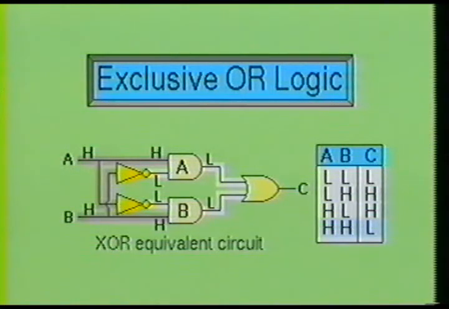In the same respect, gate B will also produce a low output since it also has one high input and one low input. The two low inputs being fed into the OR gate will produce a low output, as you will notice on the truth table. You may have also noticed that the exclusive OR gate has a special characteristic of producing a low output when both input signals are the same.